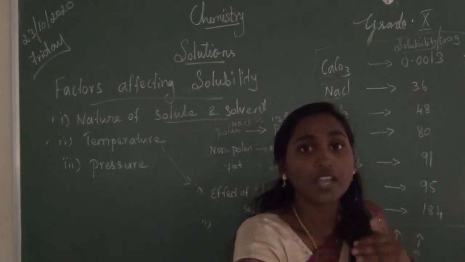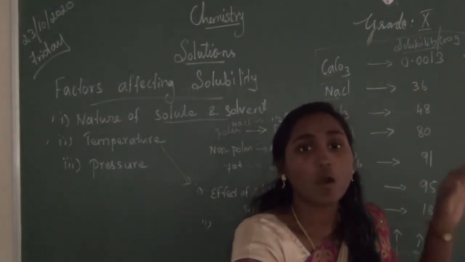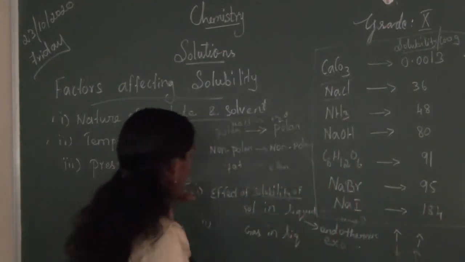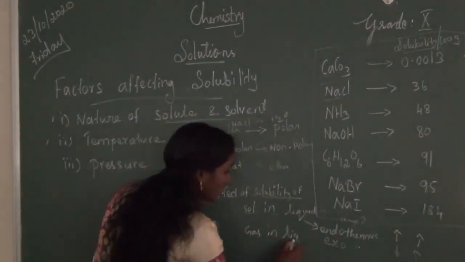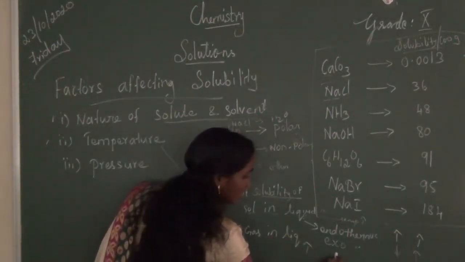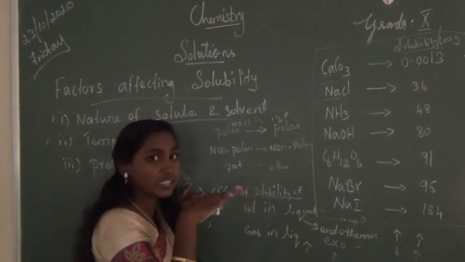So here what we understand is that as temperature increases, the oxygen level decreases. So the solubility of gas in liquid decreases as temperature increases, that means dissolved oxygen decreases.